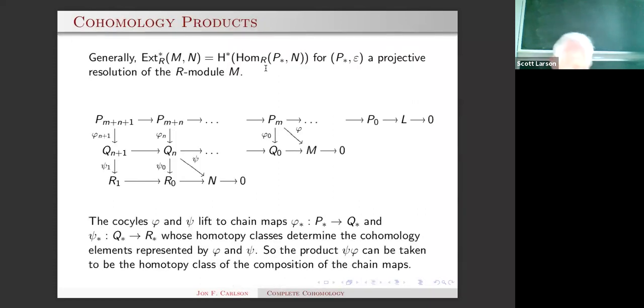But let's see how this works out, because this is how we're going to define the cup products.